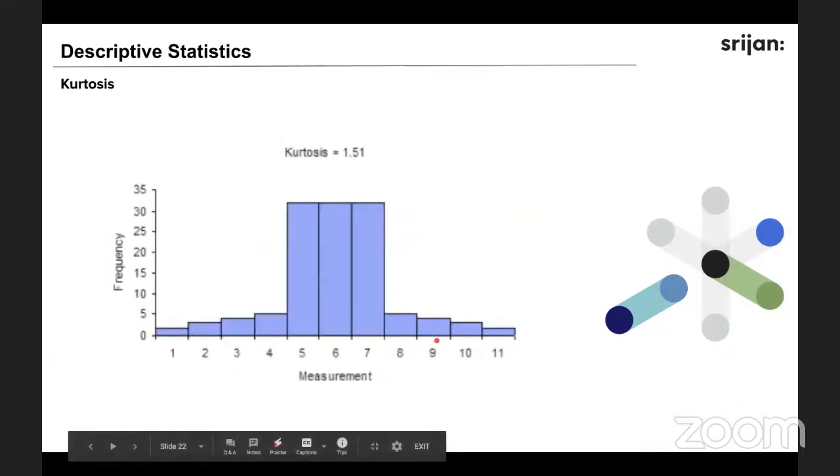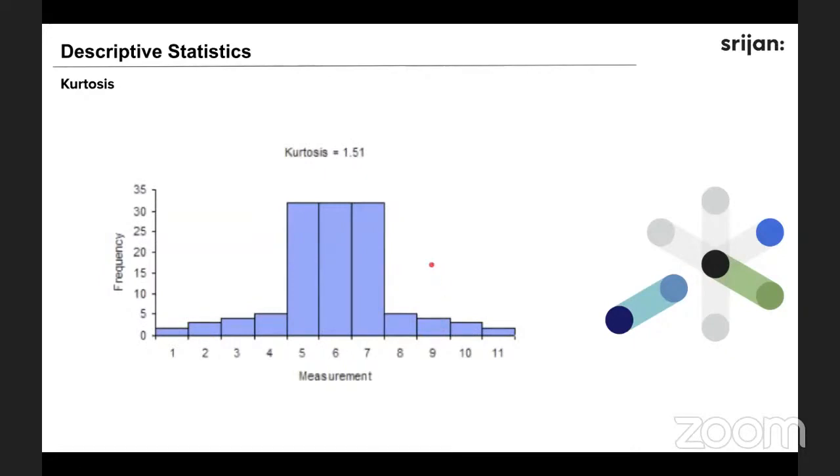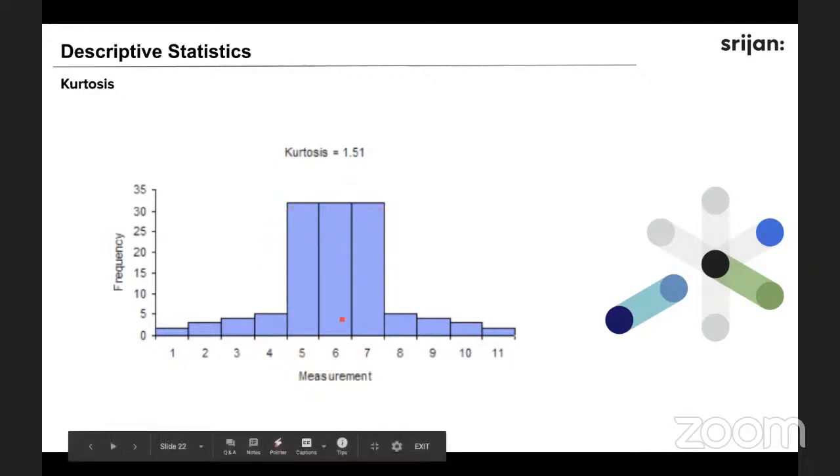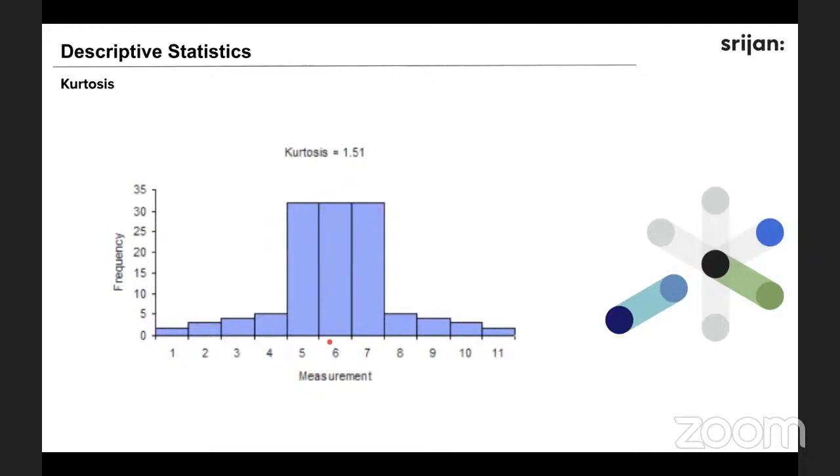I have some illustrations, some figures, for the case where we have positive kurtosis. It will look like this one. We will have most of the population lying around the center of our distribution, and in that case we have a positive kurtosis.